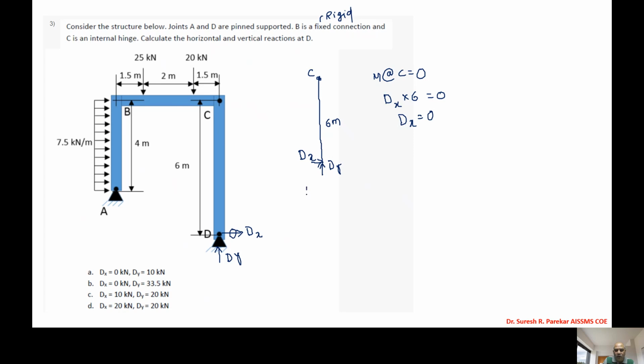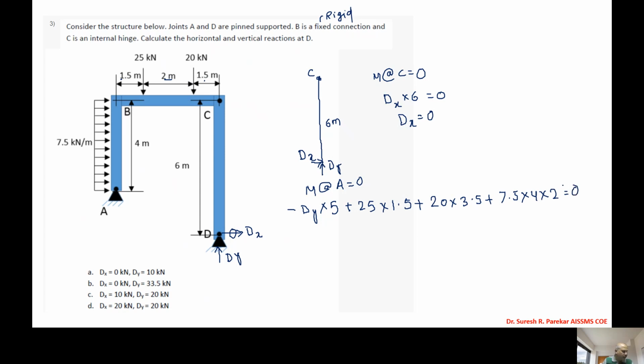Now we will consider the whole frame and take moment about A equal to 0. So we have minus Dy into 2 plus 1.5 plus 1.5, that is 5, then plus 25 into 1.5, plus 20 into 3.5, plus 7.5 into 4 into 2, and that is equal to 0.